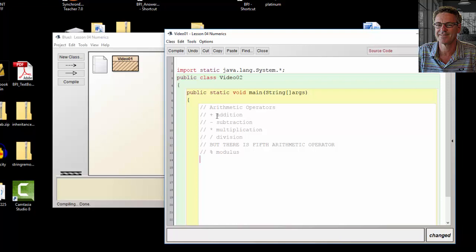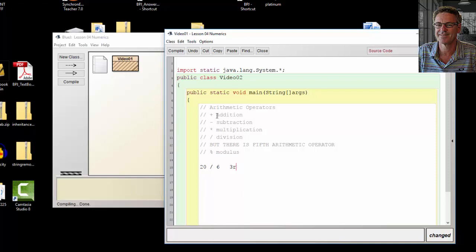For example, when your teacher asked you what 20 divided by 6 was, you wrote down on your paper that it's 3 with a remainder of 2, right? 3 times 6 is 18. That's not quite 20. There's 2 left over. That's the remainder. Well, the remainder is what modulus stands for.